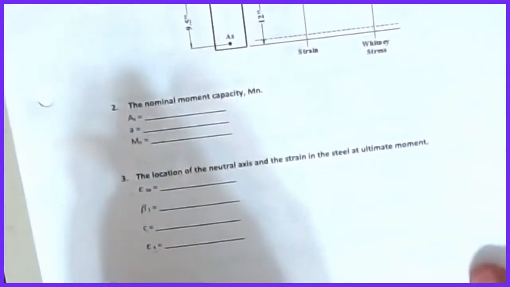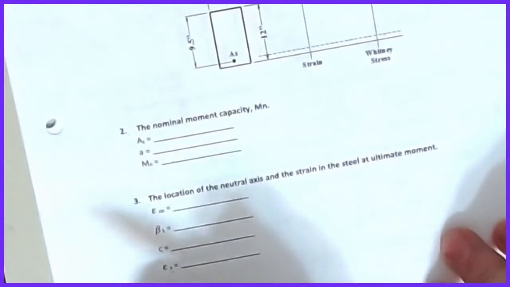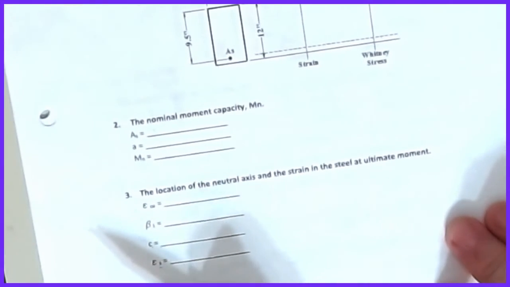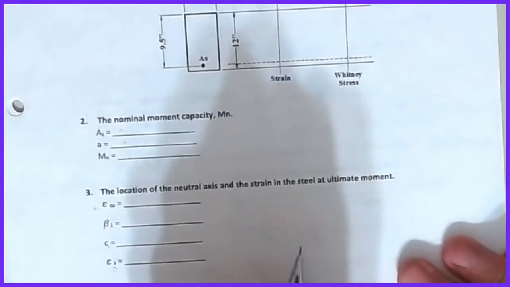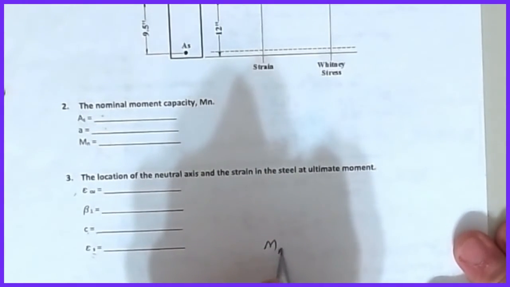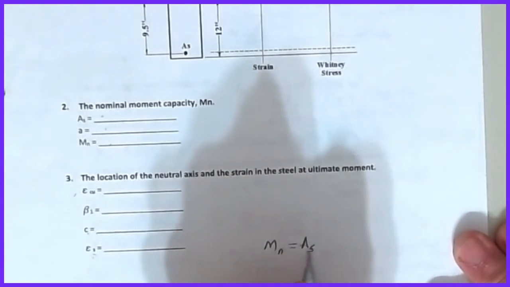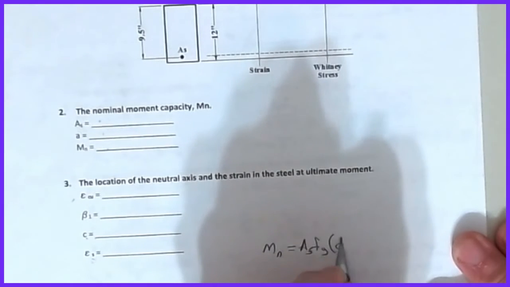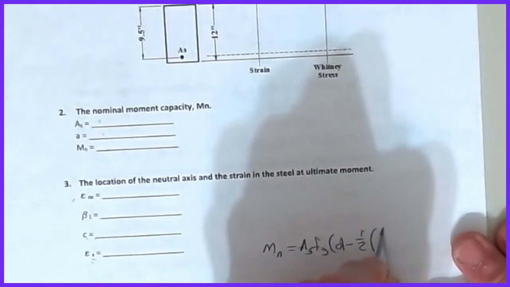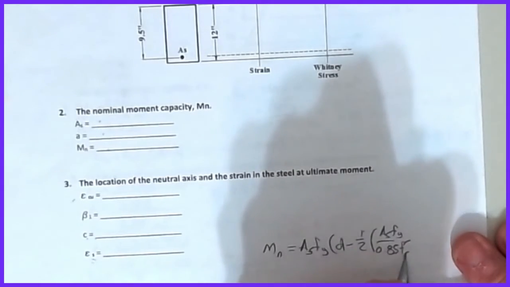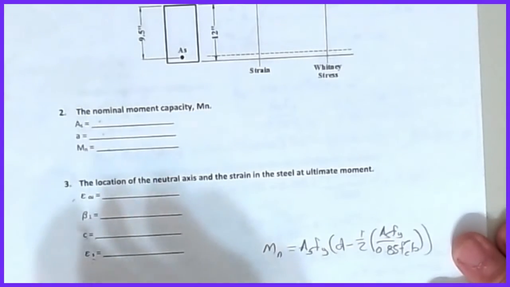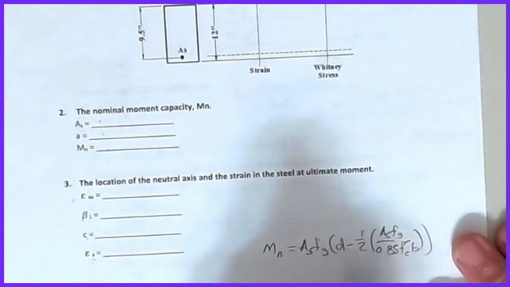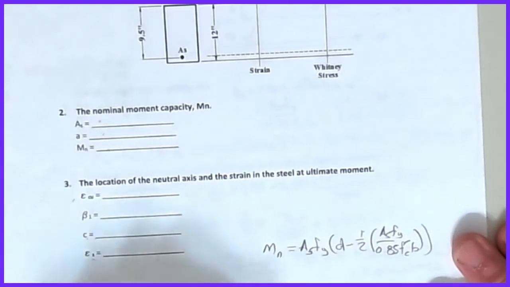In fact, for years I used to just program the Mn equation into my calculator. If you rewrite it the way that I showed you, with Mn equals As fy times d minus 1/2 As fy over 0.85 f'c b, I can solve for As straight out, or in this case, we're looking for the moment.